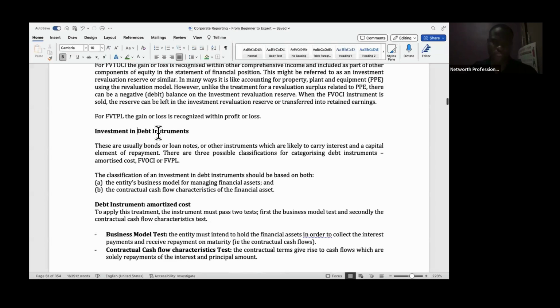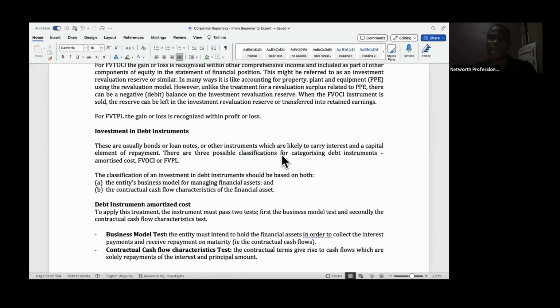So when you lend somebody money, the same way like investment in equity, you need to ascertain why you are investing in these debts. And that would determine the classification for that debt, right?